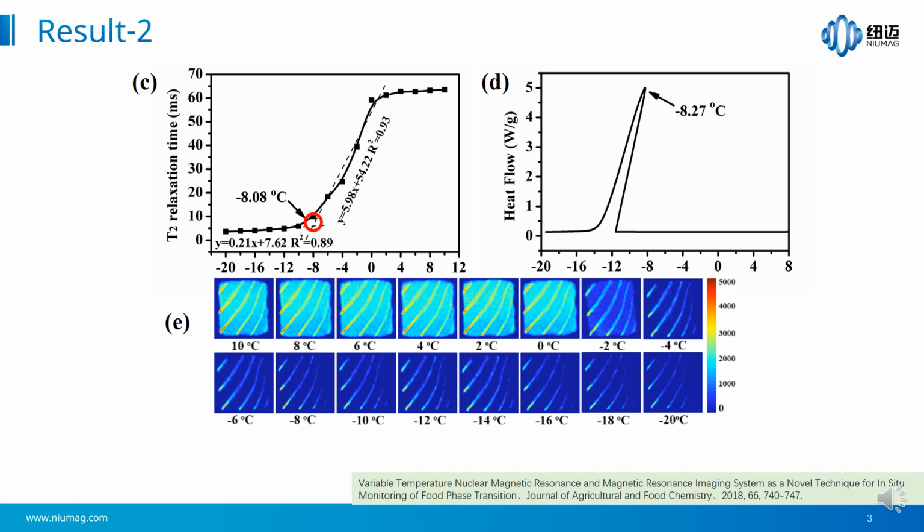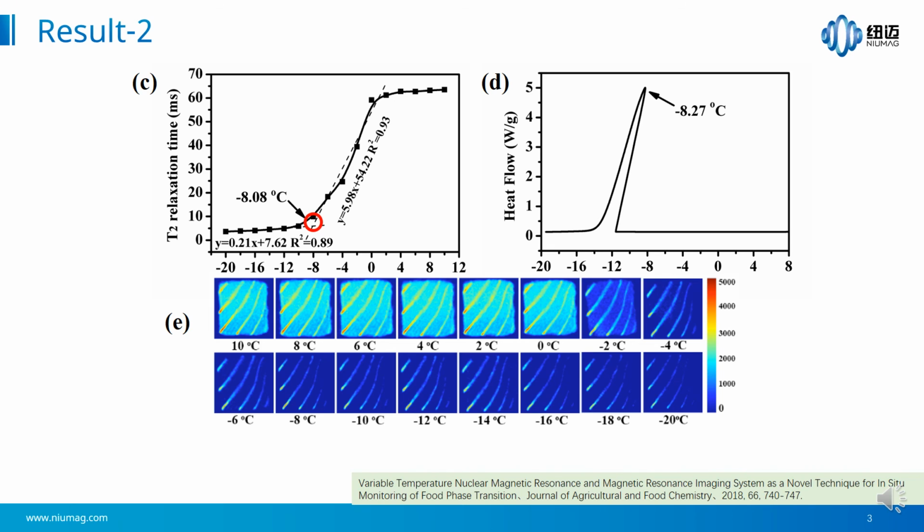The intersection point is obtained by linear fitting, and it is considered that this point has undergone a phase transition, that is the freezing point, and the temperature is minus 8.08 degrees, and the DSC proved that minus 8.27 degrees is the freezing point temperature. Because we can test more samples, we think the NMR result is more meaningful.